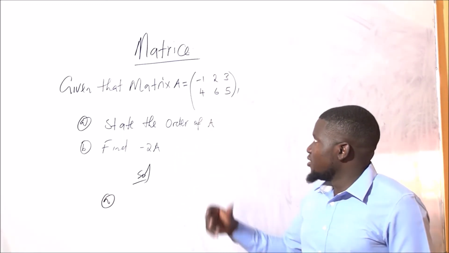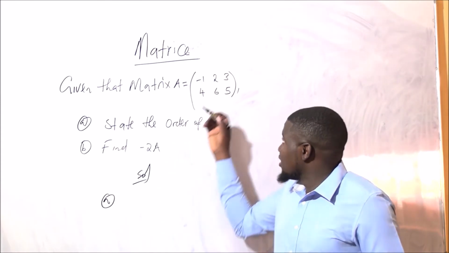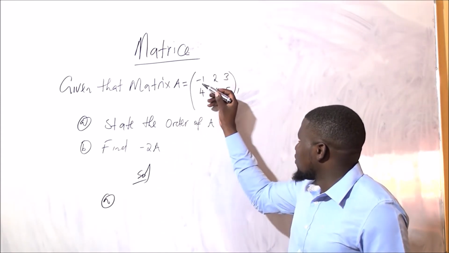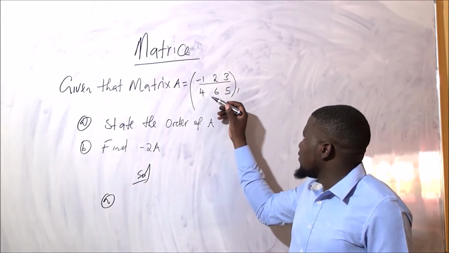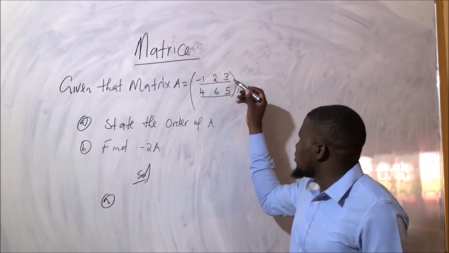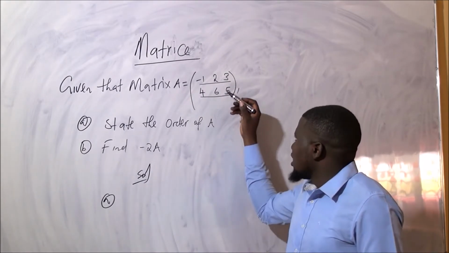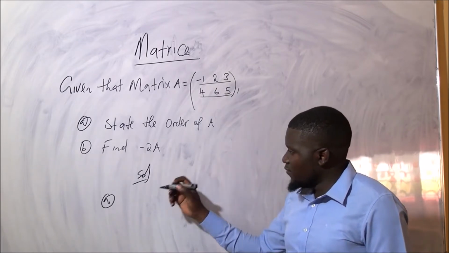Look at this question here. This is our matrix we have here. How many rows? Negative 1, 2, 3 is one row, and 4, 6, 5 is the second row. Here we have 2 rows.